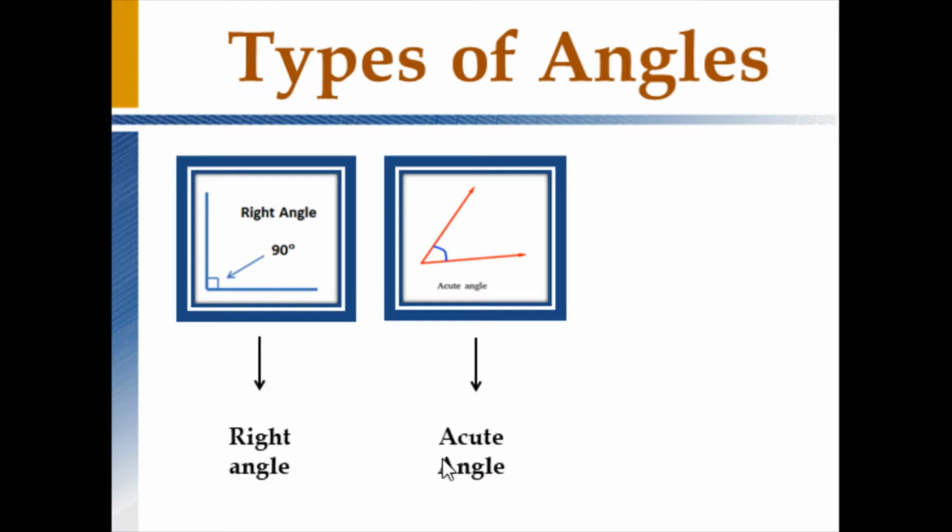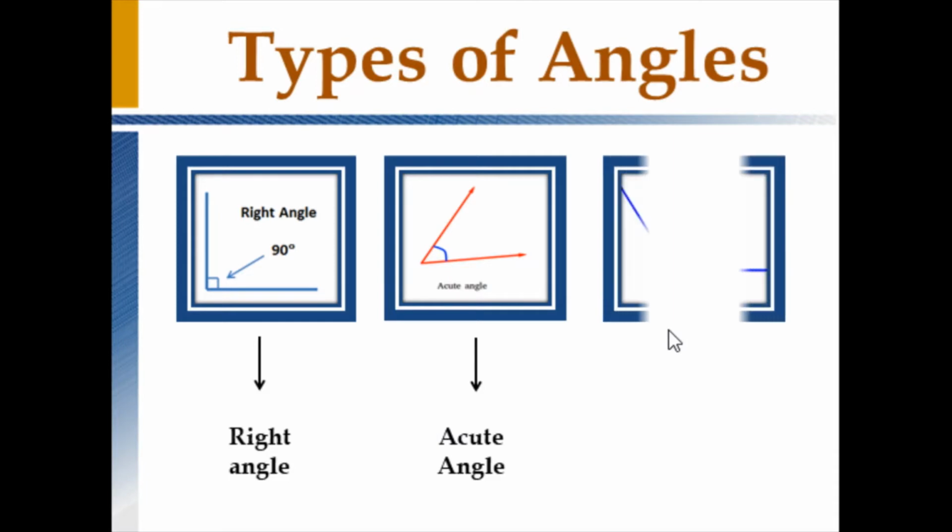Again, an acute angle is an angle that measures less than 90 degrees, which means it's between 45 degrees to 89 degrees, perhaps. Alright? Okay.